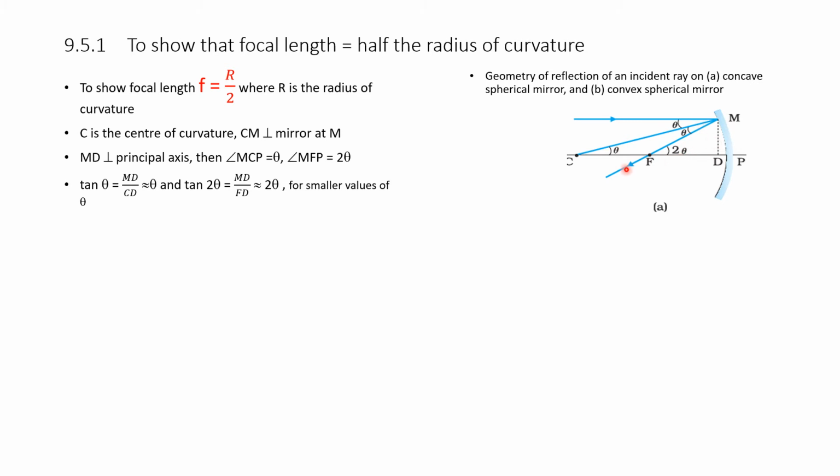Tan theta is approximately equal to MD by CD, since we are considering this as a plane, and that is approximately equal to theta. Tan theta is equal to MD by CD, and for small angles it is approximately equal to theta. And tan 2 theta is equal to MD by FD, which is approximately equal to 2 theta for smaller values of theta.